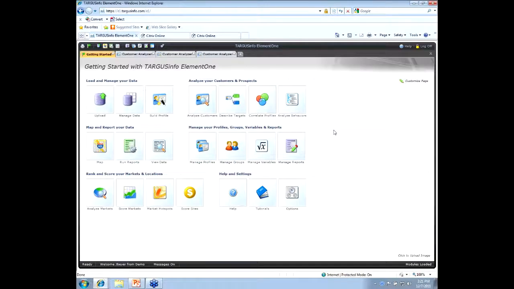And so you can analyze your customers and prospects in the platform and understand what they're doing. This is built against the segmentation scheme that we just walked through. So for our clients to better understand their customers and prospects, we've built a segmentation scheme that's loaded into this platform, and that's what you're analyzing your customers against.